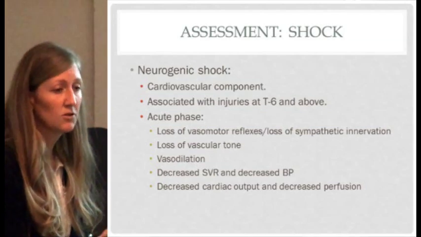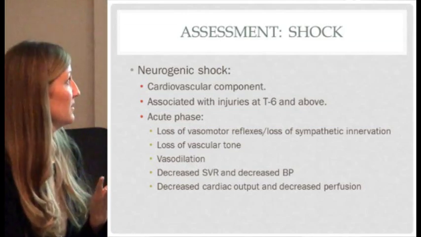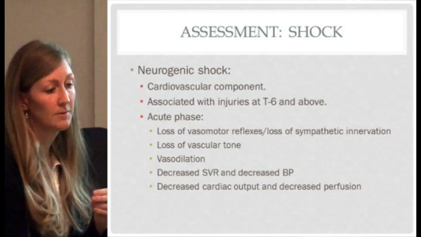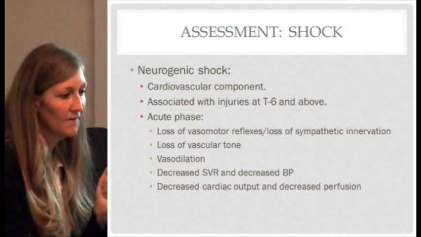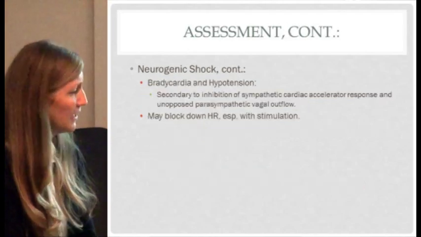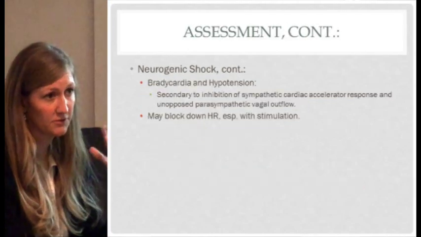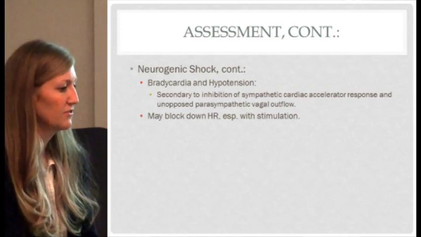So it looks very similar to any type of shock that you would see. These patients are hypotensive, they may be bradycardic, and that's the shock. And that's just because of the loss of the signals to the brain from the spinal cord, resulting in the shock.